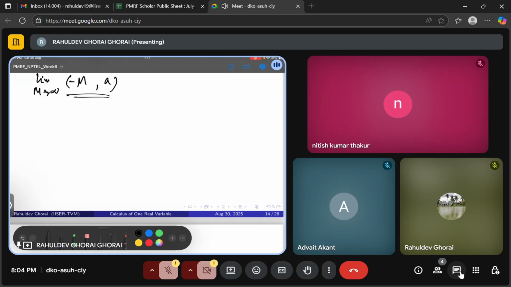So knowing this, we can do some other example. If it's 0 to infinity of 1 by 1 plus x dx, can you say anything about this?